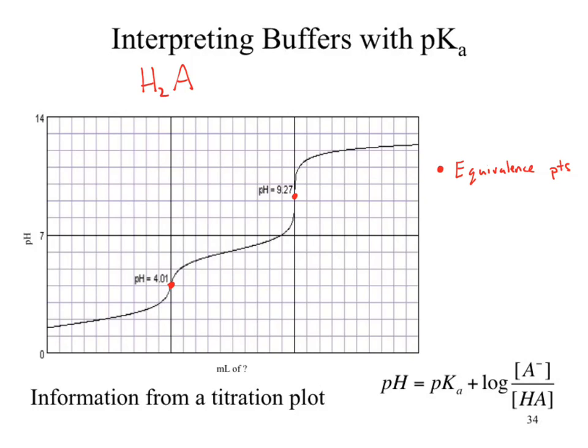So before we even get to that, though, now that we know we're looking at H2A, well, how do you know it was an acid, actually? Because it begins with a very low pH. If we look at our initial point where we're starting the whole process off, we're starting at a low pH, it's an acid. Okay. So what does that tell us about what we're adding?